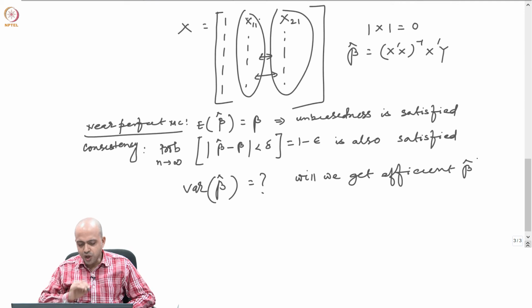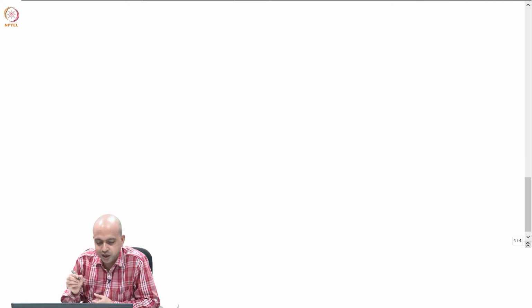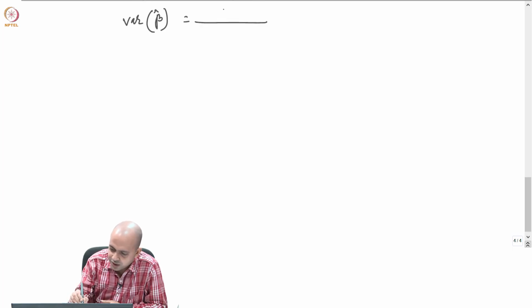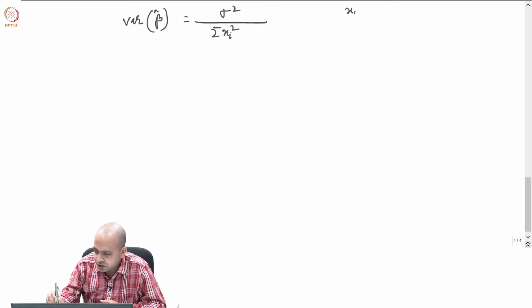And to know about the variance of beta hat in presence of perfect or near perfect multicollinearity, first of all, what is variance of beta hat? If you recall, variance of beta hat was defined as sigma square divided by summation xi square, where xi equals capital Xi minus x bar.